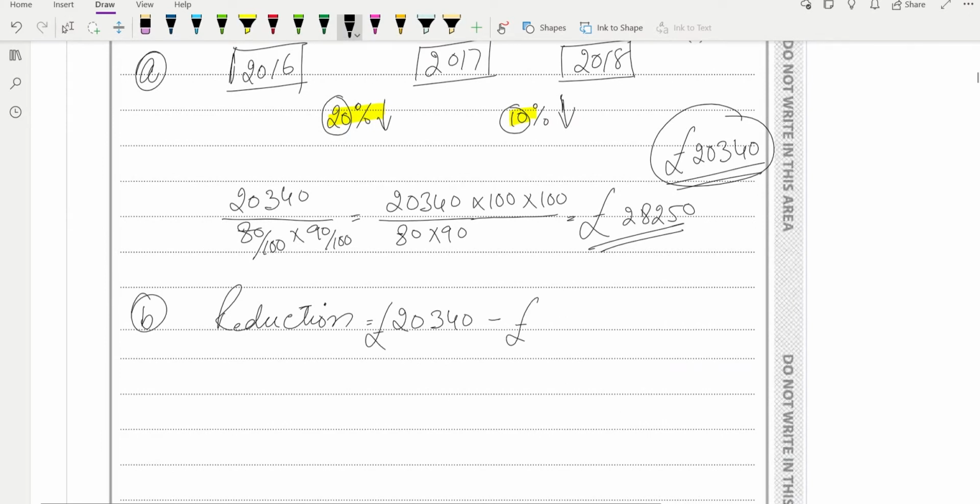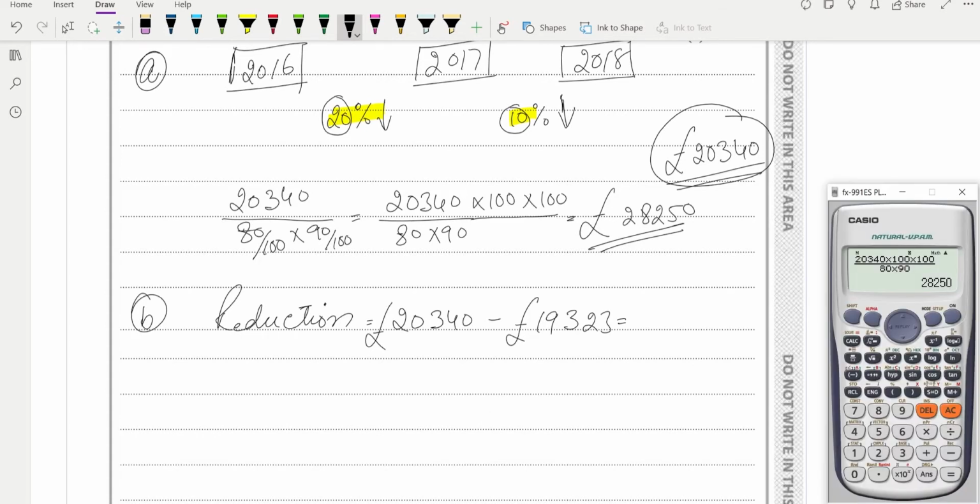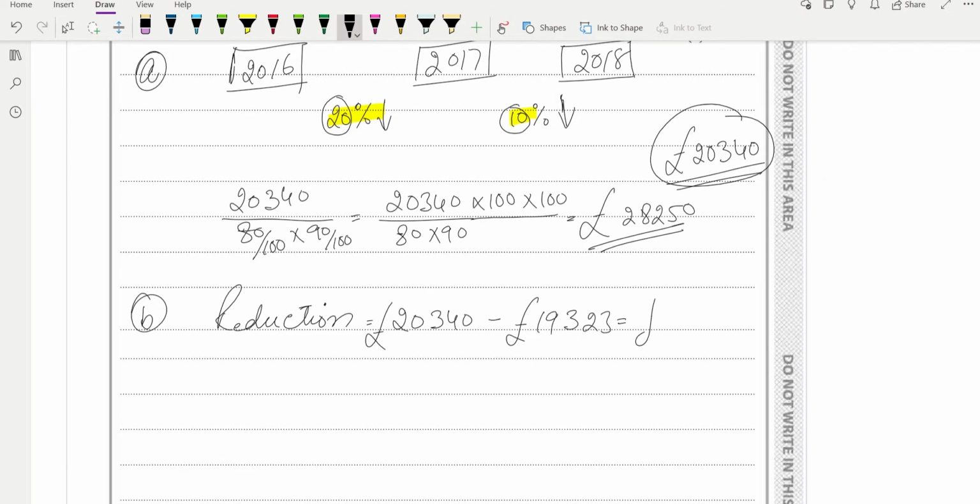So minus 19,323, and this calculation we can do: 20,340 minus 19,323, and this will be equal to 1,017 pounds. 1,017 pounds is this amount. Now percentage decrease: this amount 1017 is against what, 20,340, and this will be the percentage reduction.